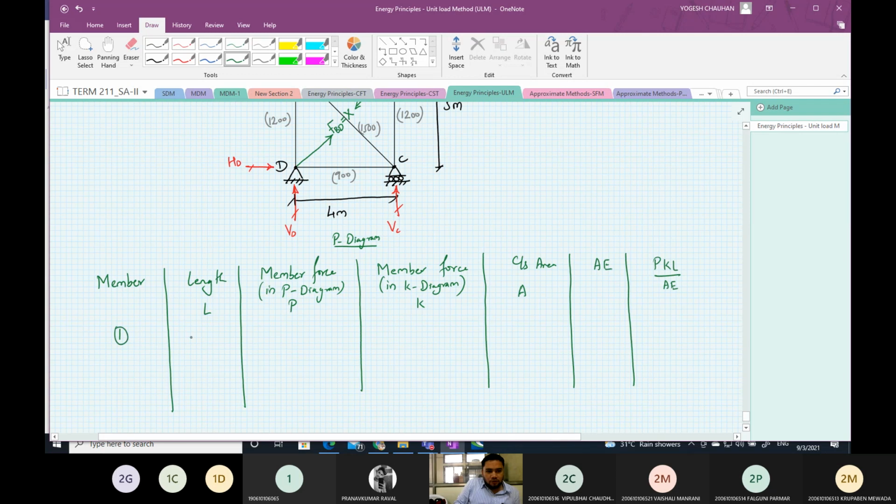Let us say this is column 1, column 2, column 3, column 4, column 5. So this will be column 6, which will be equal to column 5 multiplied by E. Value of E is constant for all the members, and your column 7 will be equal to column 3 multiplied by column 4 multiplied by column 2 divided by column 6.